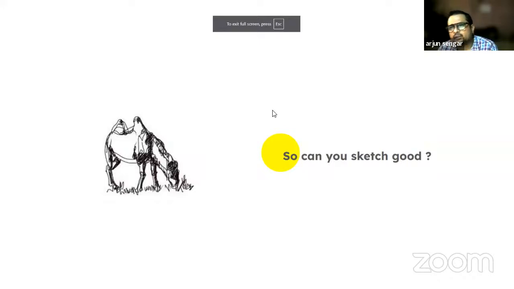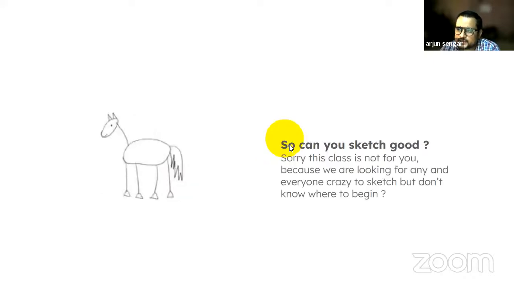Okay. In that case, I may proceed. Today's class is for anyone and everyone who might not have good sketching skills. If you already know how to sketch well, it is a class where you can step up.